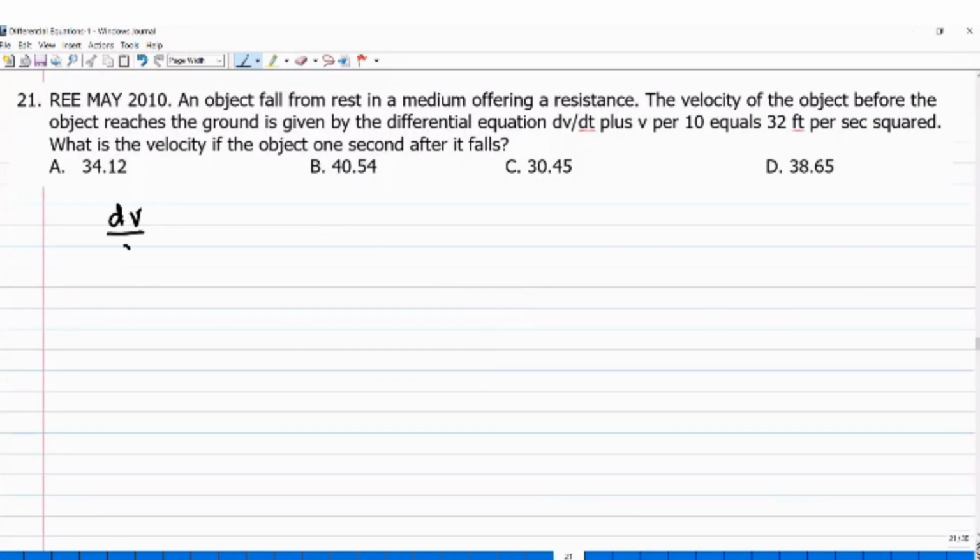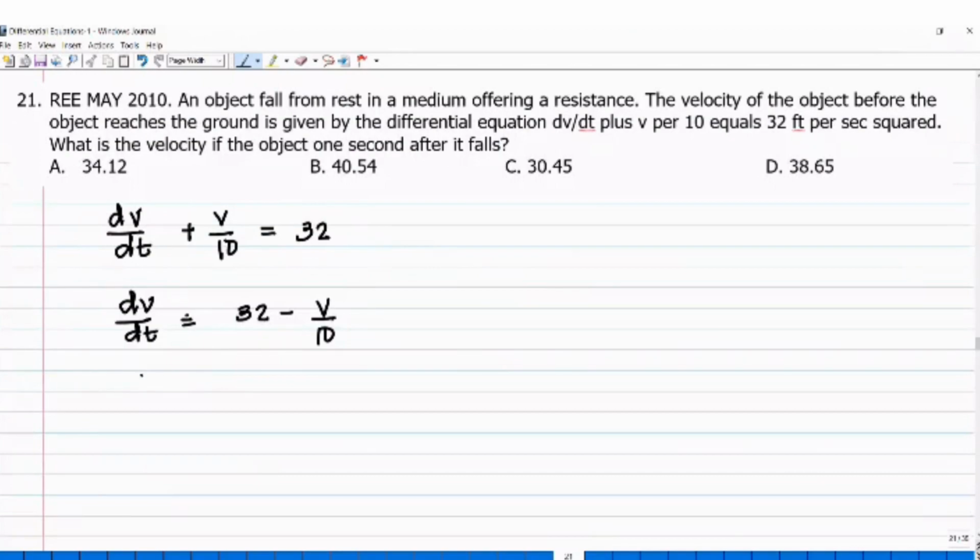So dv dt plus v over 10 is equal to 32. Okay, so dv dt is equal to 32 minus v over 10.